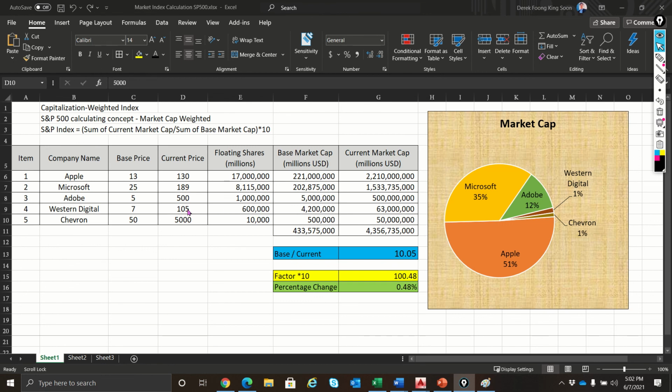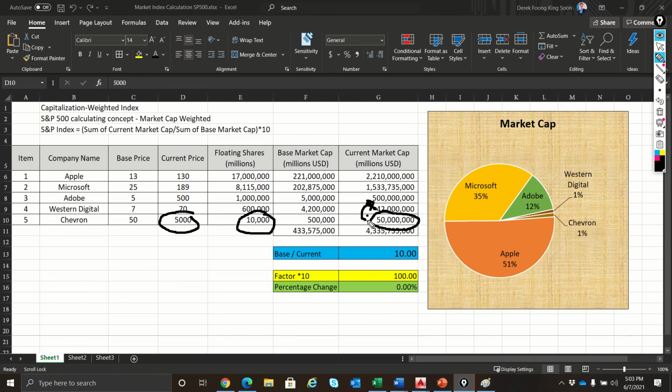Now let's say we undo that, and look at Chevron. You see the share price is very huge, 5,000 right here, but it has very little floating shares, so it's almost the same as Western Digital.